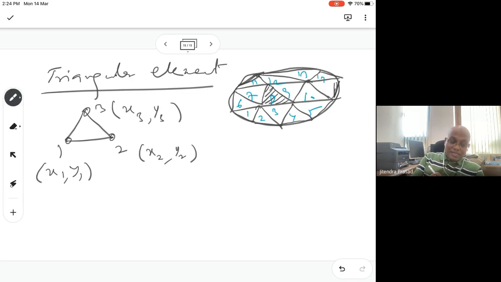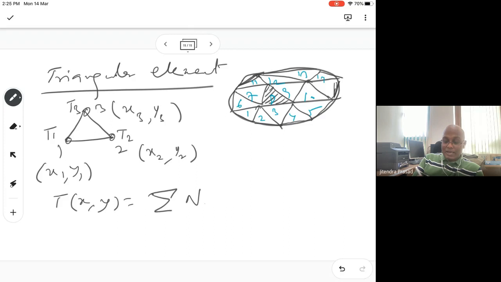Now, let us say the temperature at node 1 is T1, at node 2 is T2, at node 3 is T3. Then how does the temperature vary within it? Just like in 1D, here in 2D also we write T(x,y) equal to the summation of Ni, which of course will be a function of x and y both, times Ti, where i varies 1, 2, 3, as there are 3 nodes.